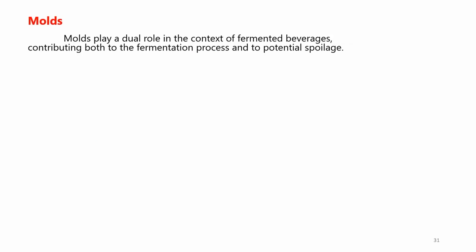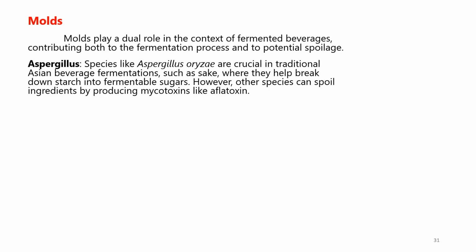Then we have another microorganism, the molds, that play a dual role in the fermentation of beverages, contributing to both the fermentation process and to potential spoilage. Aspergillus oryzae, for example, is crucial in traditional Asian beverage fermentation such as sake, where it helps break down starch into fermentable sugars.